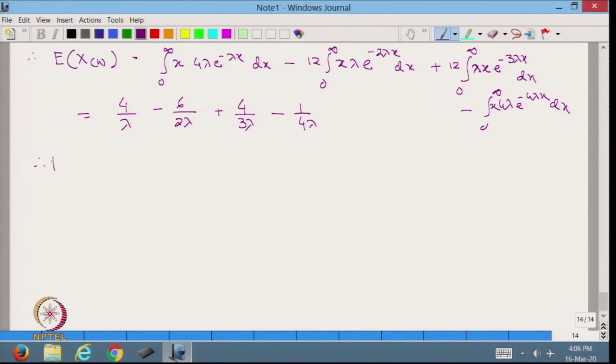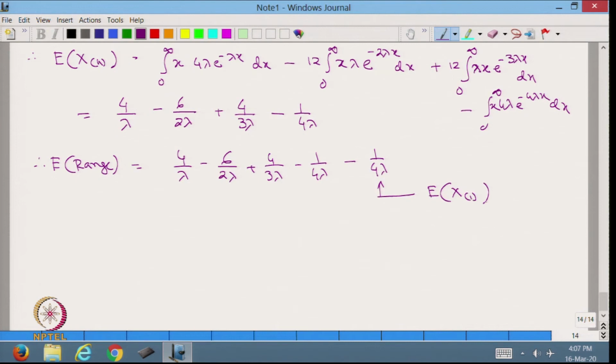Therefore, expected value of range is equal to 4 by lambda minus 6 by 2 lambda plus 4 by 3 lambda minus 1 by 4 lambda minus 1 by 4 lambda. This is coming from expected value of x 1.